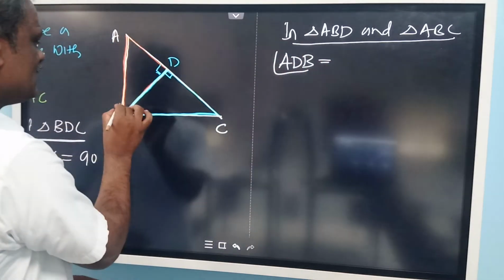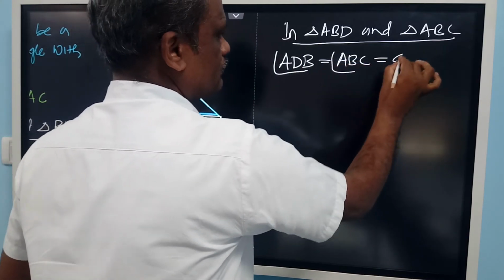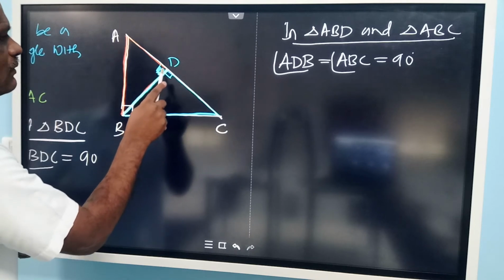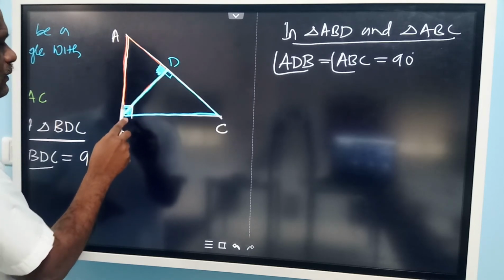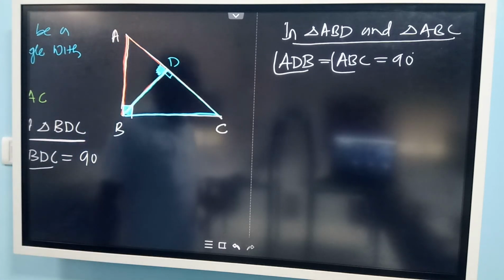In triangle ABC, we have taken that angle ABC is equal to 90 degrees. So here this angle is 90 degrees, and here this angle is 90 degrees. See, the small triangle and this big triangle have one more angle which is the same. Identify that angle.